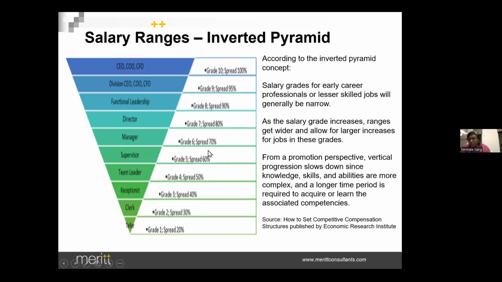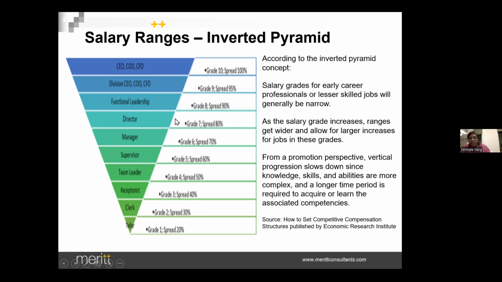But when you keep going up from a manager to senior manager, the level of competencies, knowledge, skill, everything is much more complex. So as the job gets complex, the spread also grows, because for them to stay in that grade is longer. So the spread helps you to stay in that grade for a longer time.